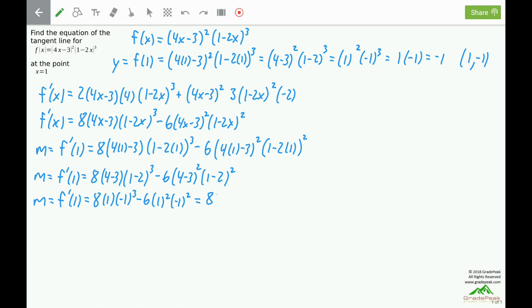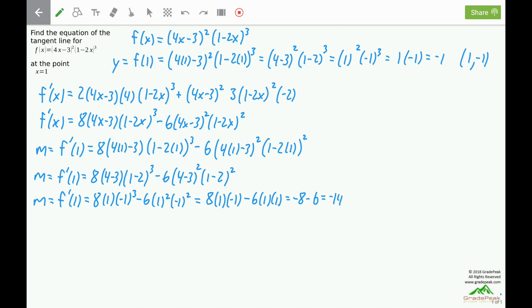So negative 1 cubed, 3 negative 1s will be negative 1. A 1 squared is a 1, and a negative 1 squared is also a 1. So it looks like we have a negative 8 minus a 6, which is a negative 14.